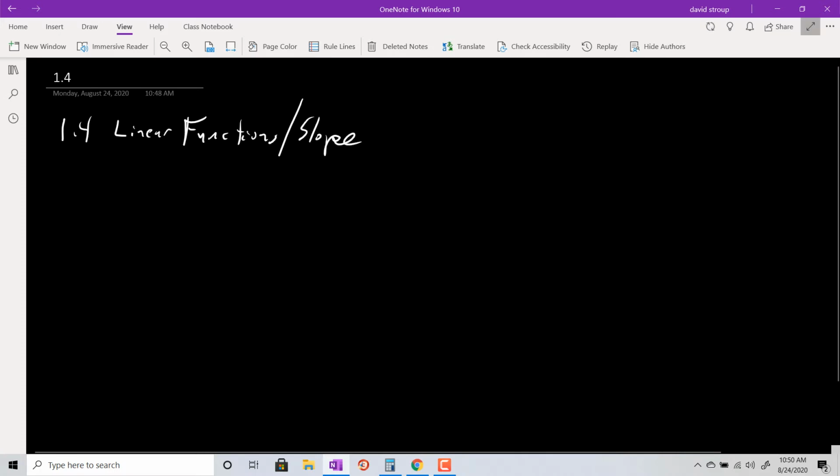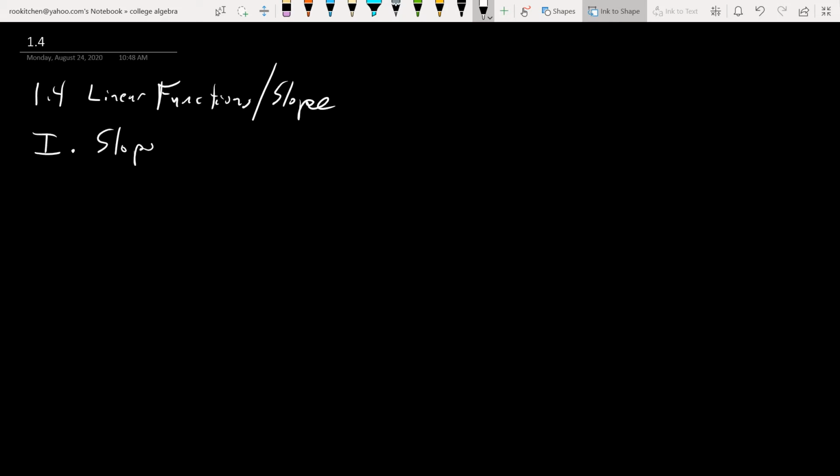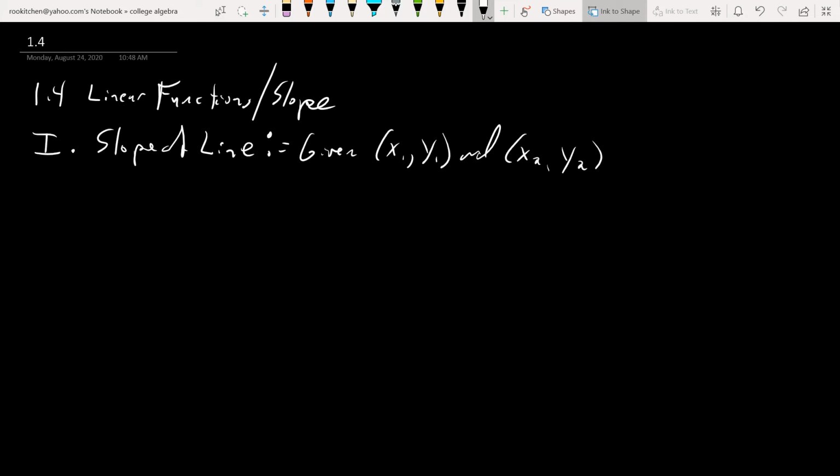Okay, so let me get the screen opened up. There we go. Okay, so first, just defining the slope of a line. Basically, when given 2 points, x1, y1 and x2, y2, we can form this value called the slope, which is really just a measure of inclination, like a roof kind of.